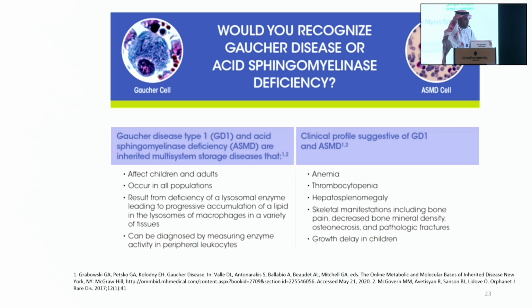Gaucher and ASMD both affect children and adults and occur in all populations. Both are caused by a deficient enzyme and can be diagnosed by measuring this enzyme. They can also present with anemia, thrombocytopenia, hepatosplenomegaly, and skeletal manifestation.